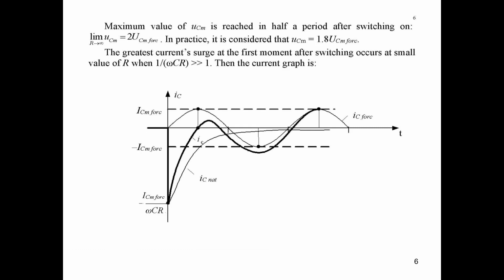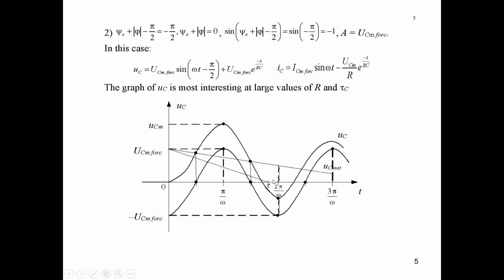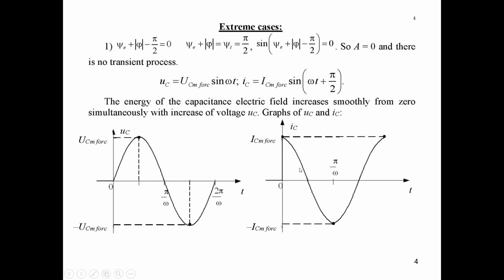Let's name it the unpleasant case, when we have a surge of current at the first moment after commutation. Such a case is possible in the contrary case, when we have a rather small level of R, and therefore 1 over omega C R will be really big, much bigger than 1, and therefore the natural component can be much bigger than the forced component.